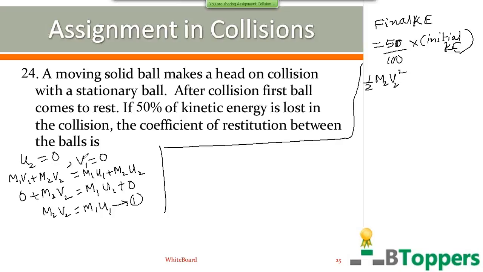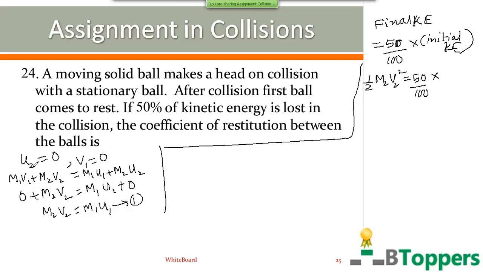The first mass m1 comes to rest after collision, so its final kinetic energy is 0. So the total final kinetic energy is the final kinetic energy of m2, equal to 50 by 100 times the initial kinetic energy before collision.